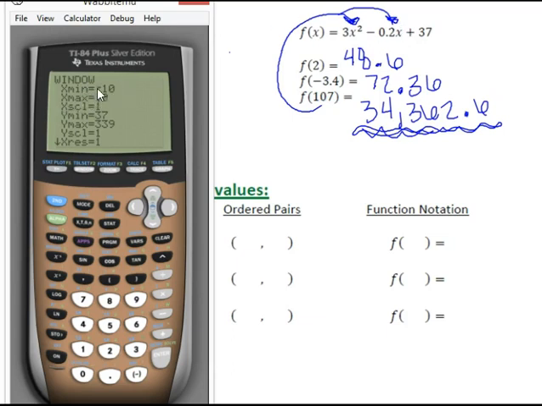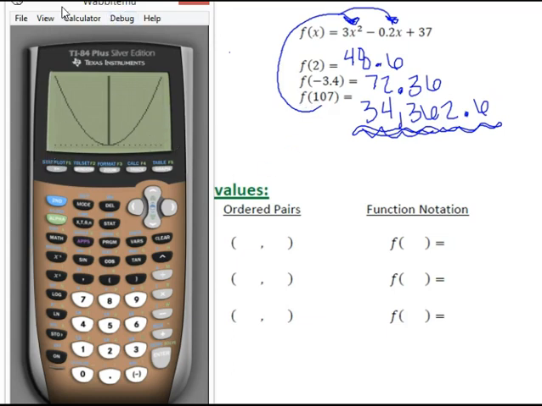But notice the values of your x graph, it's only going from negative 10 to positive 10. And obviously 107 is not in between those values. So yes, it's giving you a good picture of the graph, but 107 is somewhere all the way out here on the graph. It's completely off the screen, so your calculator is not going to be able to trace it to that specific spot. Your calculator can only trace with what's on your screen.